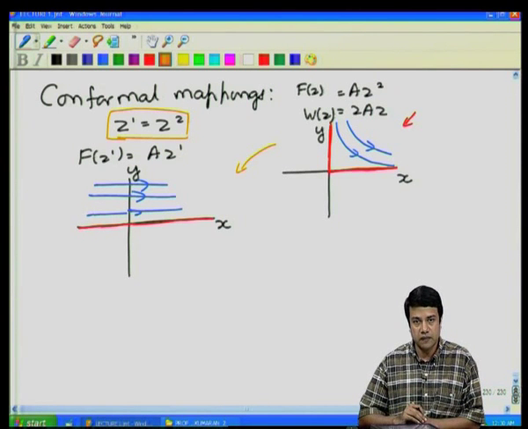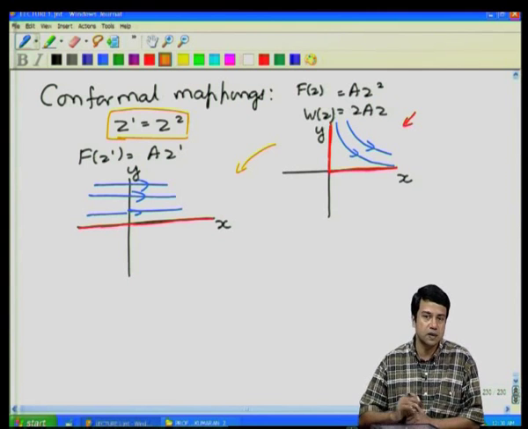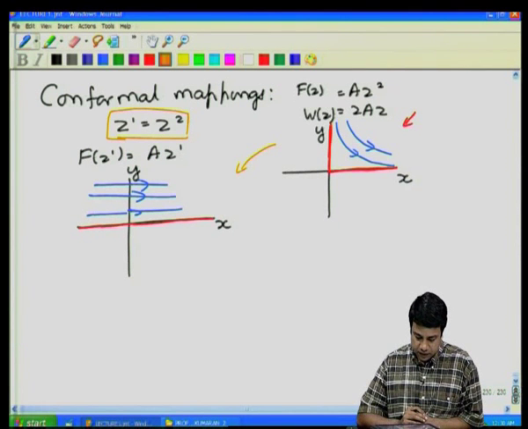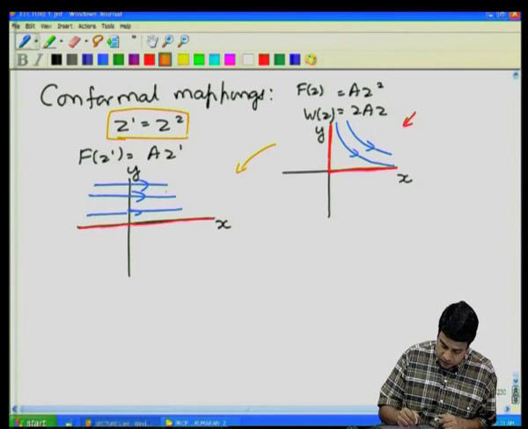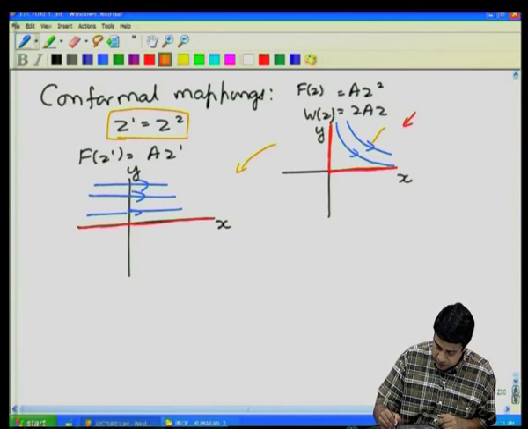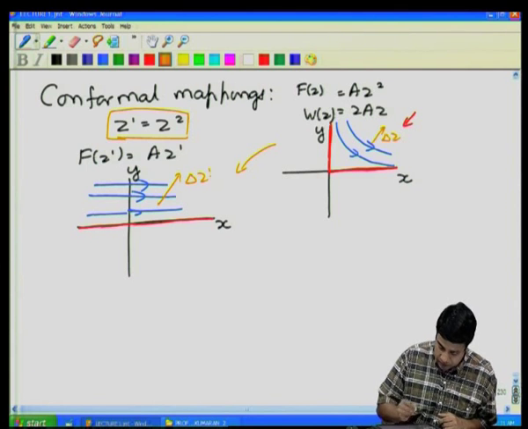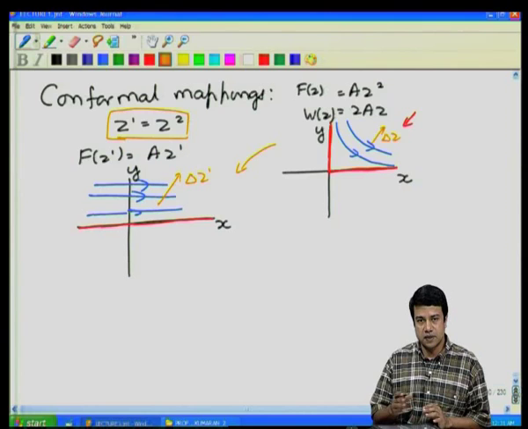Note that I have kept the potential the same between the two. I have kept the potential between the simple and the complex geometry to be exactly the same. So, if I take some line segment in the simpler geometry here, delta z, and that maps onto some other line segment in the complex geometry, delta z prime. What I have is z prime is equal to z square.